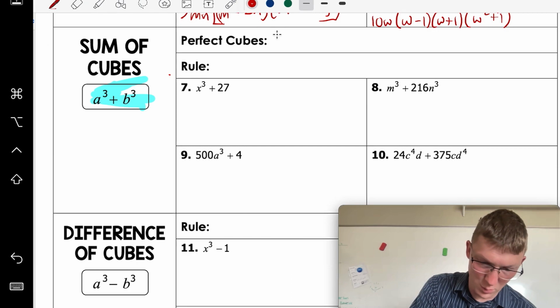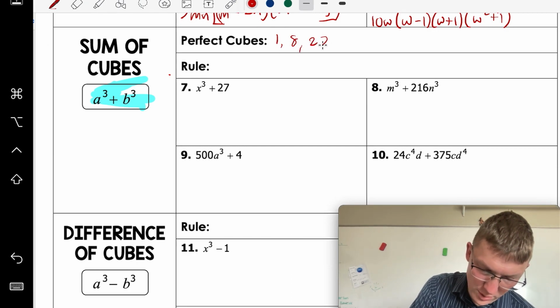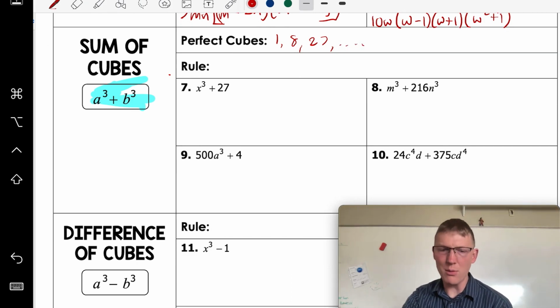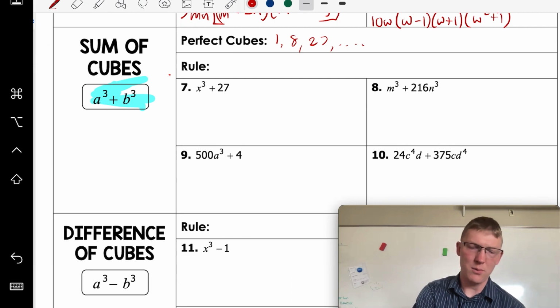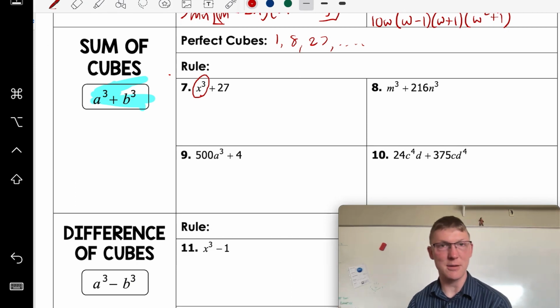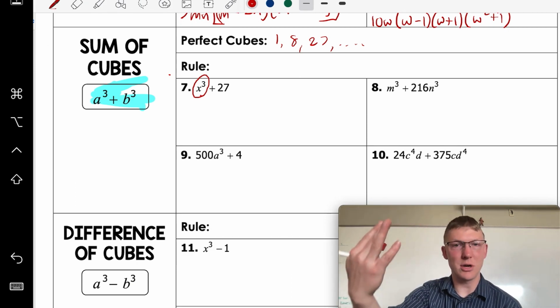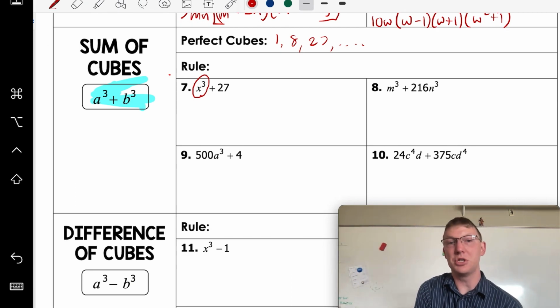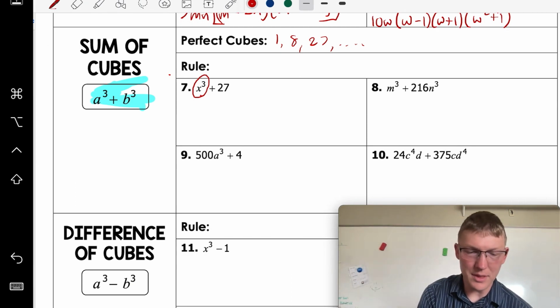So things like 1 is a perfect everything, 8, 27, and so on and so forth. The way I would look at this is I would look for variables that have a cube. So if you've got a cubed plus something else, that's going to trigger in my brain that there might be a pattern that I need to check for here. This is not something that I would have you memorize, at least not in this class.